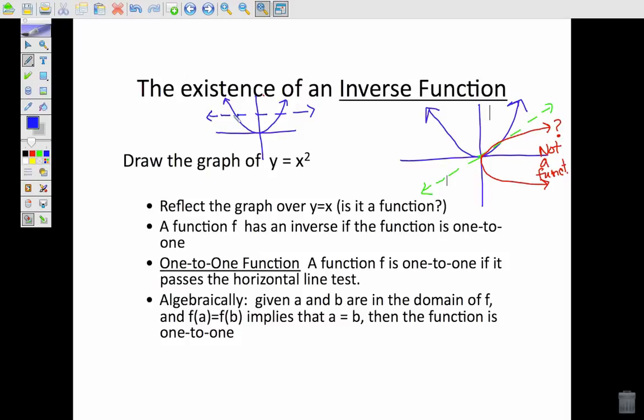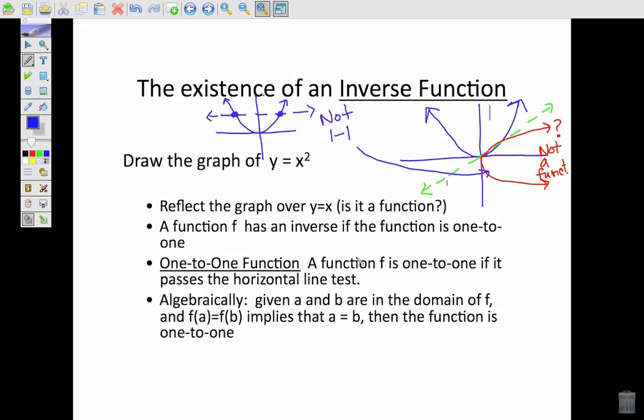You can see here that my horizontal line intersects the graph at more than one place. We got two different intersections. This indicates it is not 1-to-1. Okay? So if it's not 1-to-1, then it does not have an inverse function. They go hand in hand.